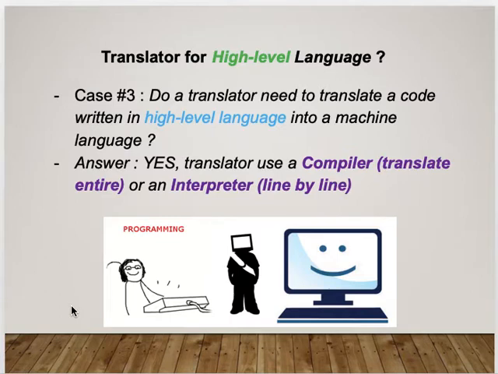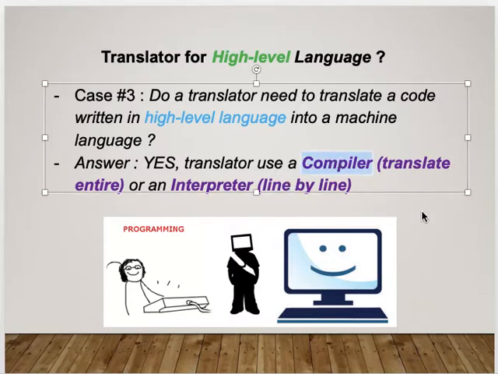So yes, translator use is a compiler and interpreter. Ada dua. For high level language, ada dua translator, compiler dengan interpreter. So compiler is a translator that convert high level language to a machine language entirely, all at once atau sekaligus.